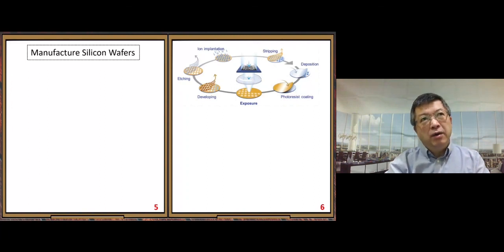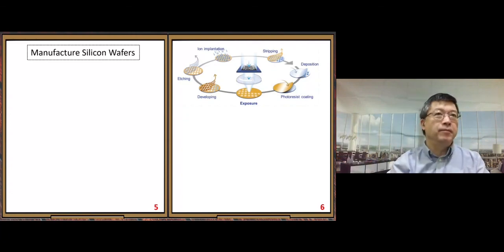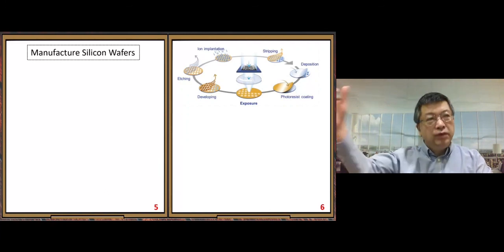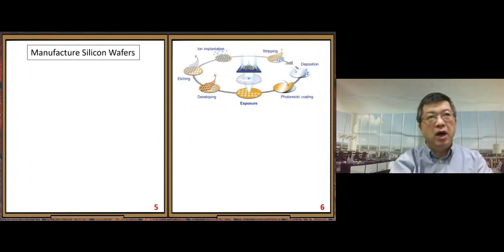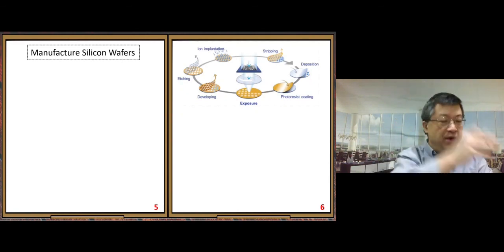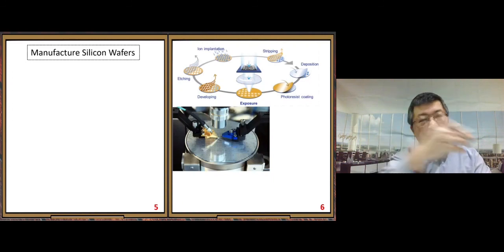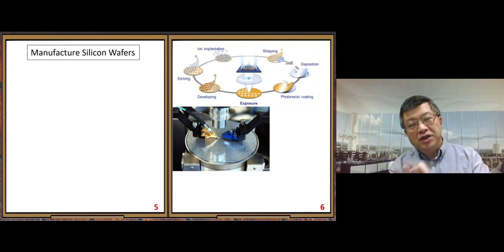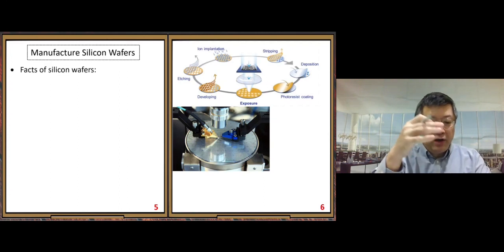So we will not go into that much depth. You only need to know several important steps that still need to be done until we get a final product. One of the steps here, I just show you a real picture. So the processing looks something like this. Okay. All right.